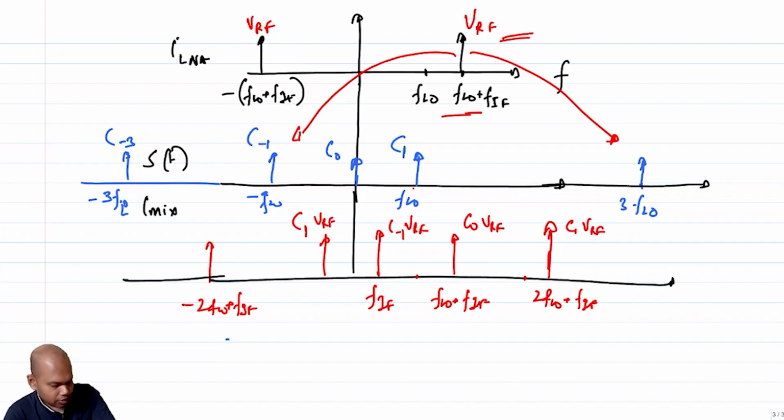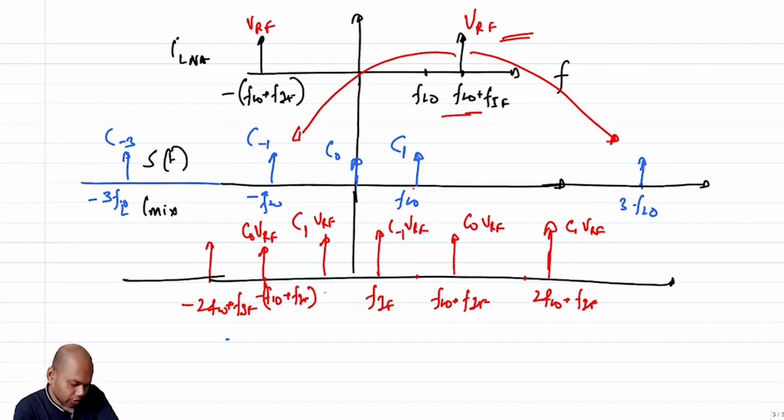So now the key thing to note here is whether here also you are going to have another one, minus FLO plus FIF, you are going to have C0 PR. Okay, so what is the desired tone?